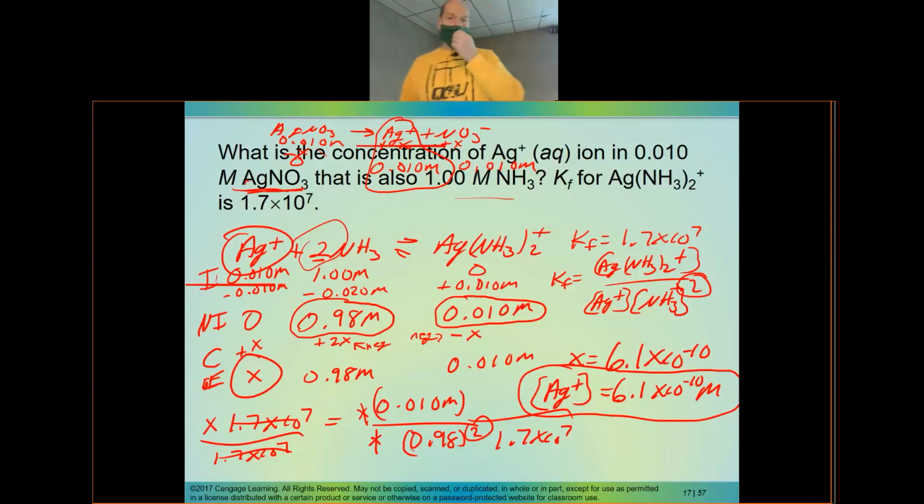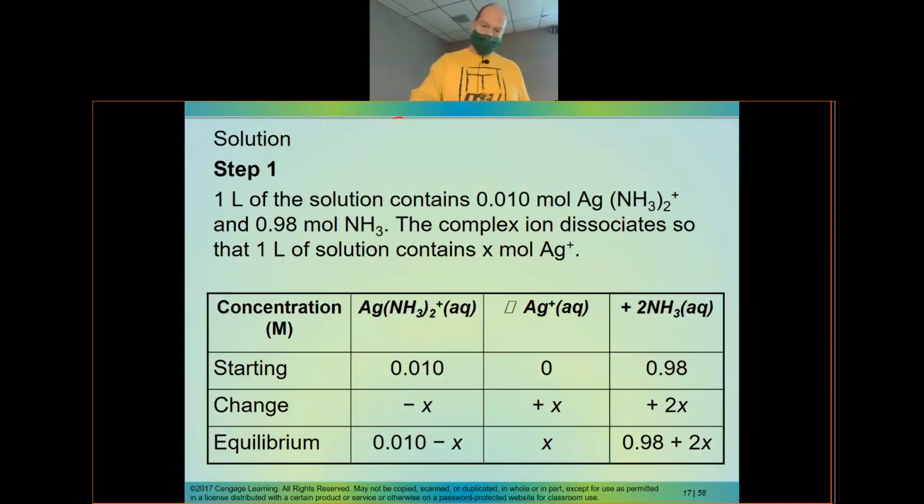All right, so now we're going to go through how the book solves the problem, and the book solves the problem by doing the reverse of the Kf. Instead of forming the complex ion, they are dissociating the complex ion. And so the K value for this is 1 over the Kf, which is Kd.